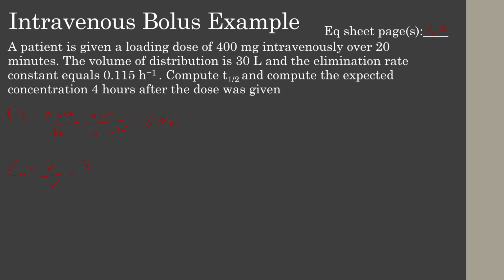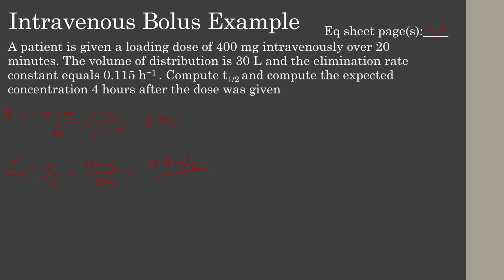And so this would be 400 milligrams over the volume of distribution, which is 30 liters. And that gives you a post-dose concentration of approximately 13.3 milligrams per liter. So that's the concentration right after you give the patient a dose.